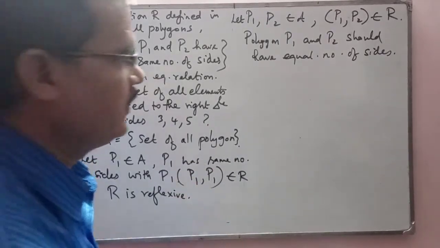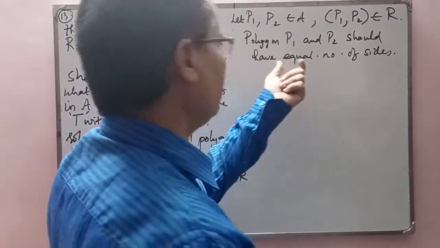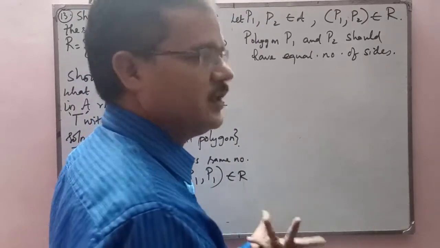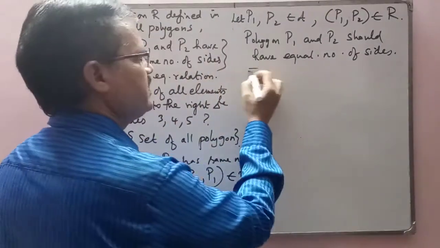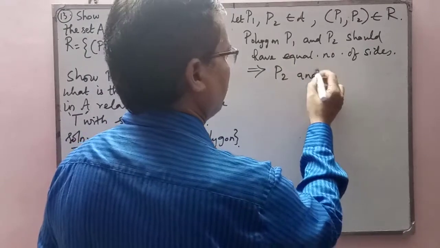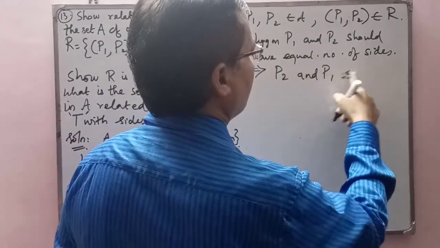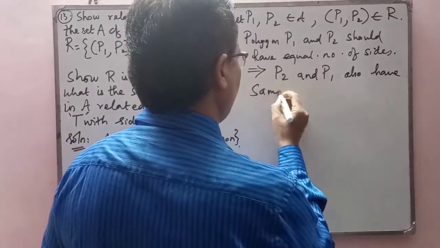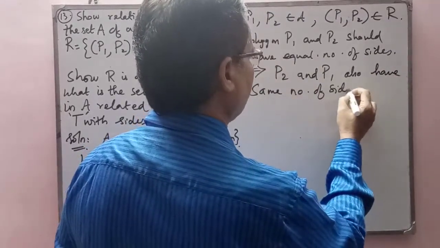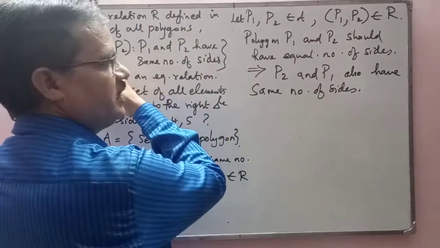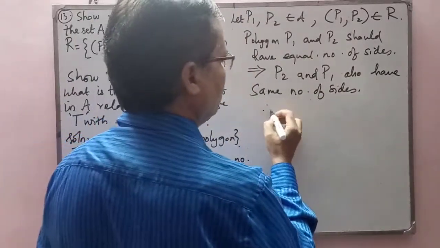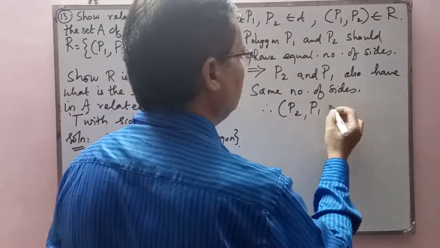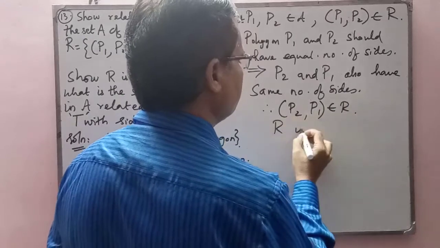Now, if P1 and P2 have the same number of sides, and I interchange them, P2 and P1 also have the same number of sides; that's not going to make any change. So this implies P2 and P1 also have the same number of sides. Therefore (P2, P1) belongs to R. Therefore, R is symmetric.